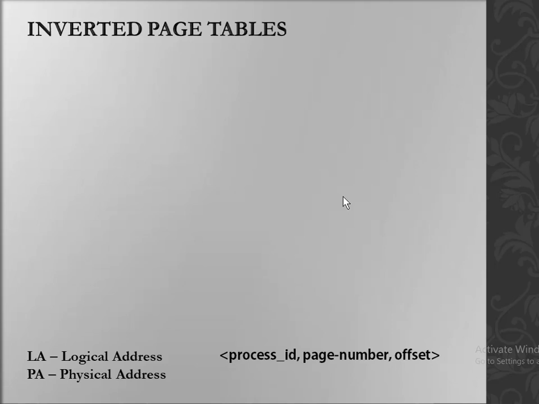Say process P2 contains 1000 pages. Constructing the page table with 1000 entries is useless because the main memory can hold only 10 pages. So in that case, inverted: based on the size of your main memory, you construct the page table. So that is called the inverted page table.